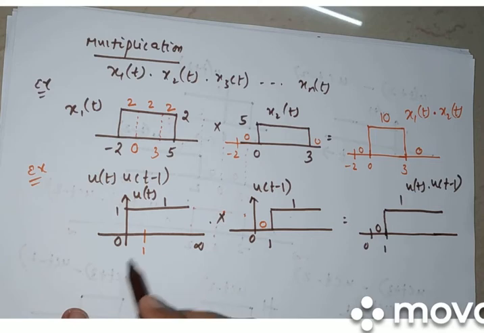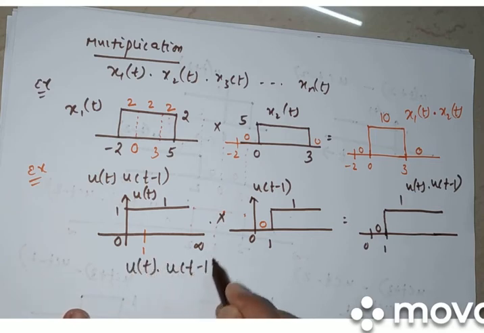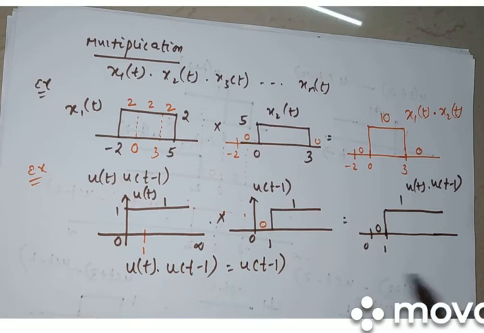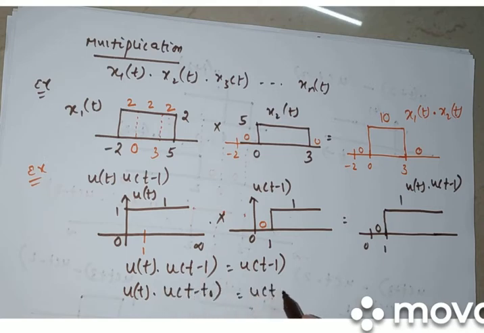So we can write u(t) multiply u(t-1) equals u(t-1). In this way you can generalize: u(t) multiply u(t-t0) equals u(t-t0).